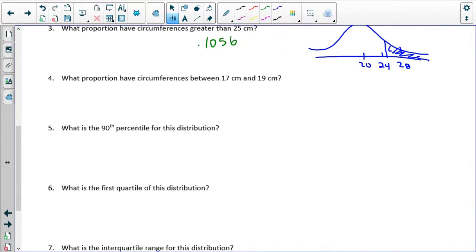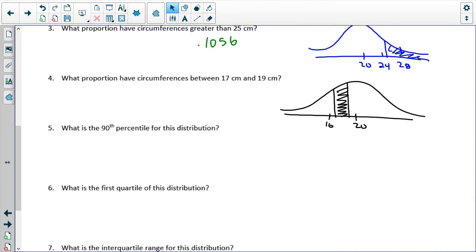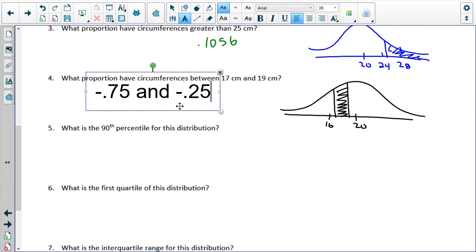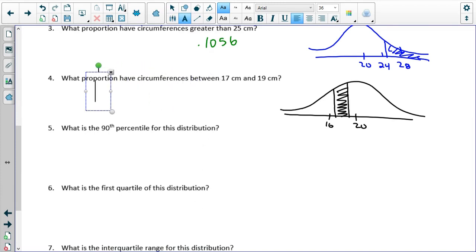What proportion has circumferences between 17 and 19 centimeters? So here's 20, here's 16. So I'm basically looking for this area. If I calculate z-scores, the z-score of each of these is going to be negative 0.75 and negative 0.25. So I want it to be somewhere between those.